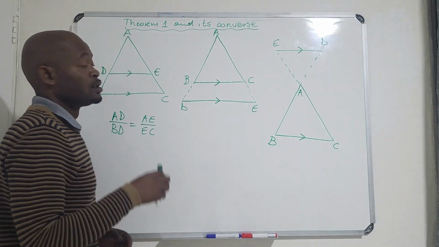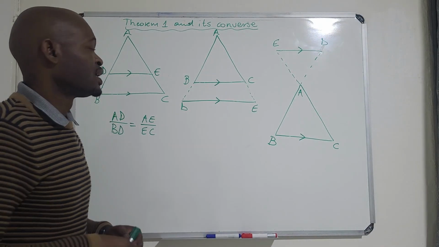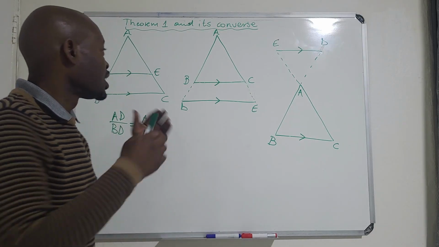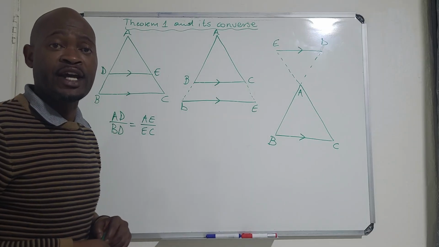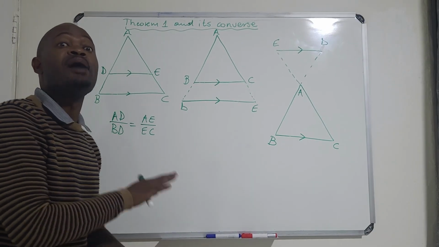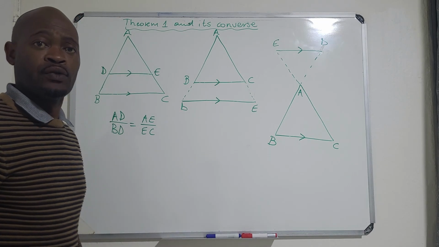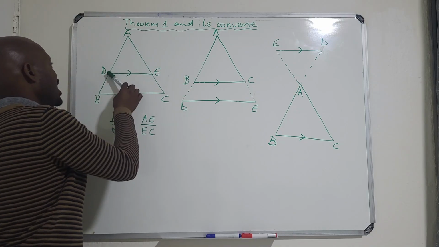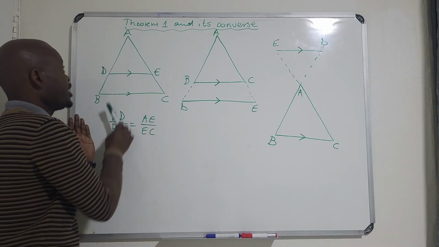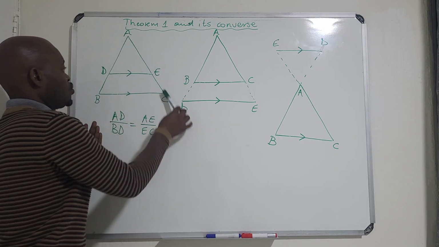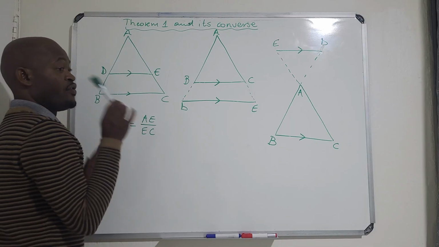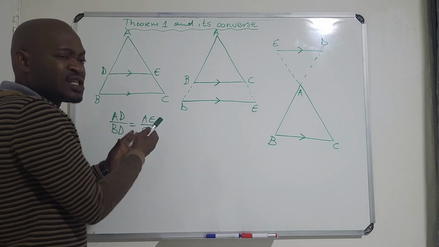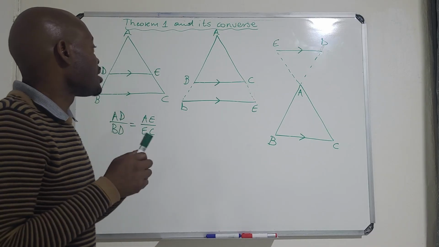If a line divides these two sides in this ratio, then this line is parallel to the third side. This is the converse of theorem number 1.